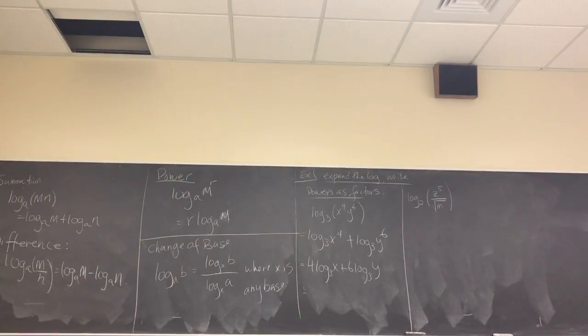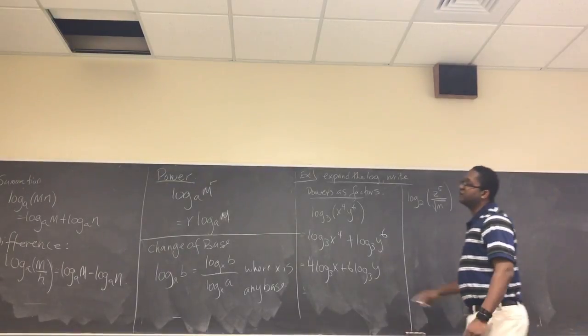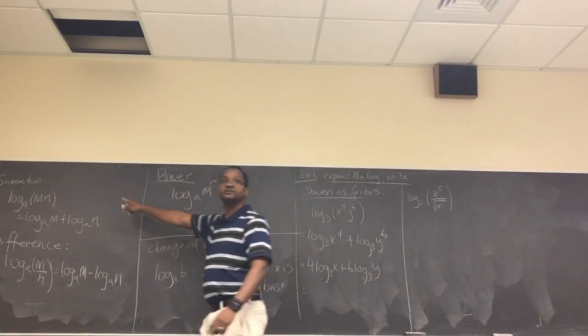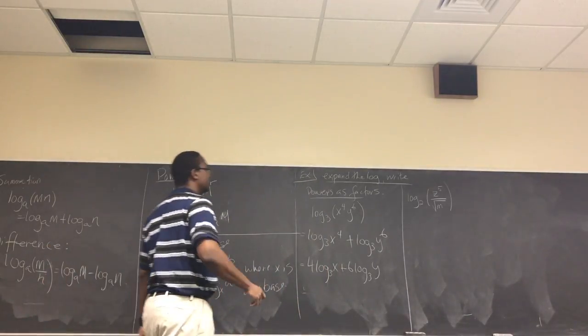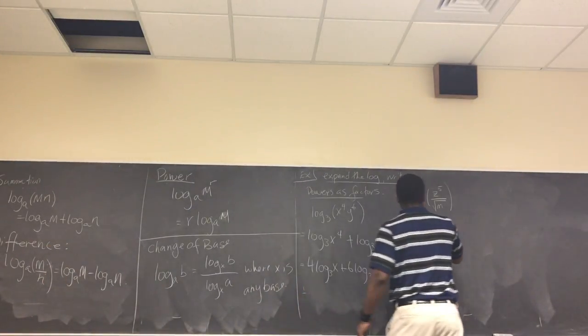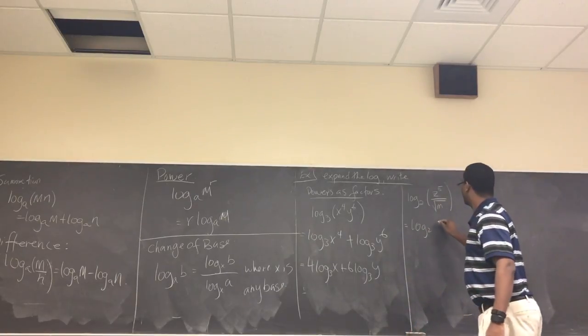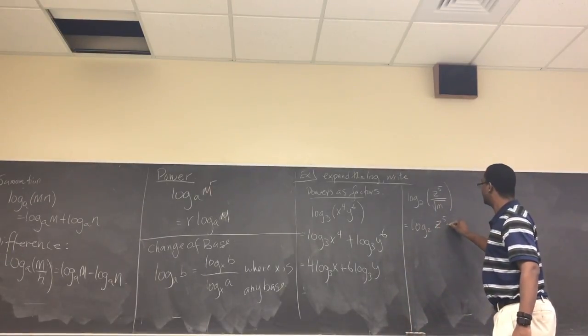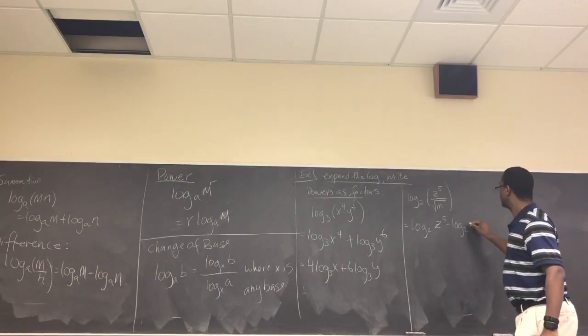Check your order. Okay, people, let's go ahead and get the answer to the problem. So first things first, which one of the 4 properties am I using? The difference, and so this becomes log base 2 of z to the 5th power minus log base 2 of the square root of m, right?